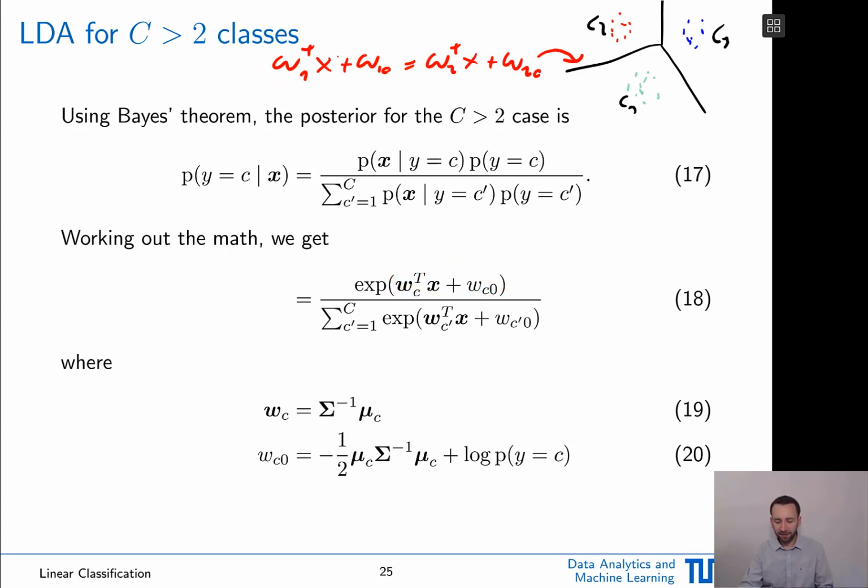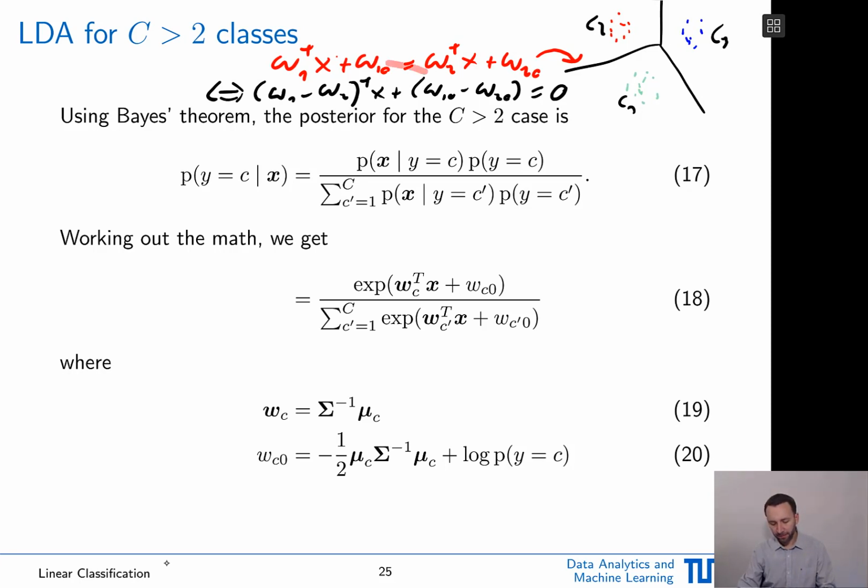And if we now reformulate this, putting everything on one side, of course we would have something like W1 minus W2 times X plus W1 0 minus W2 0 equals 0. So as it turns out, this of course is again a linear function, right?